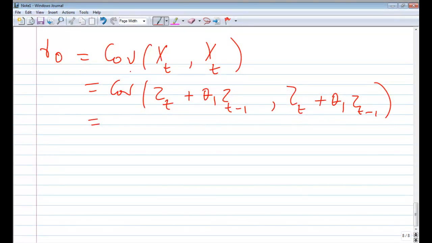Gamma 0 equal to the covariance of xt. Remember the previous way of finding gamma 0, we were using var of x. This time around, we are finding gamma 0 using the covariance of xt and xt.